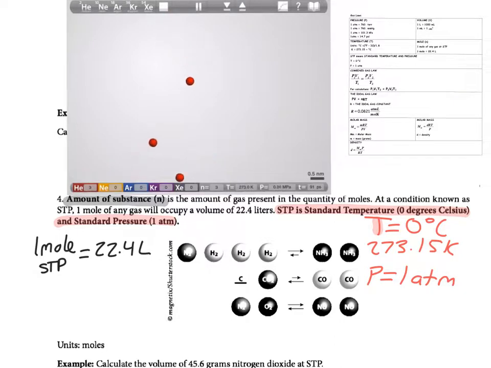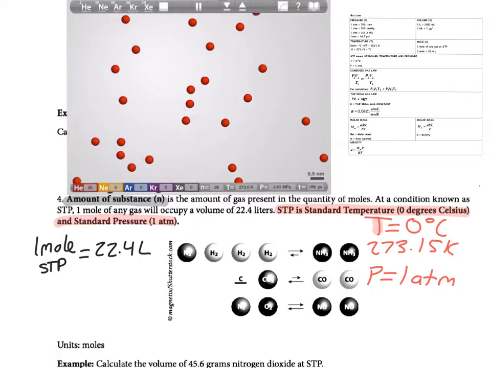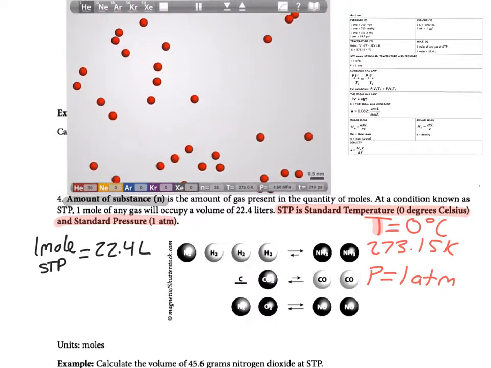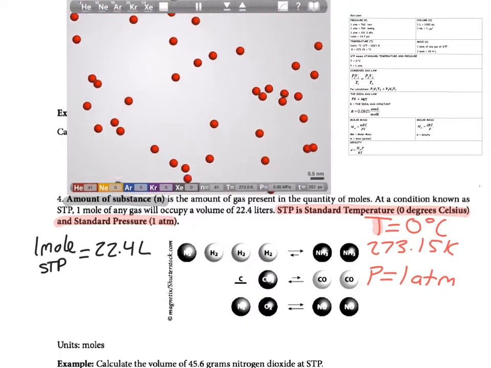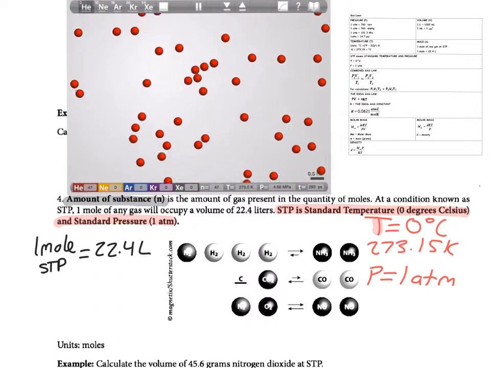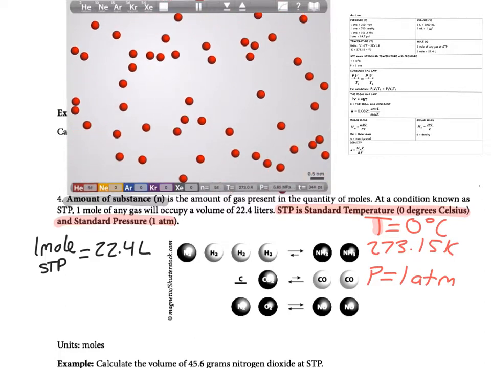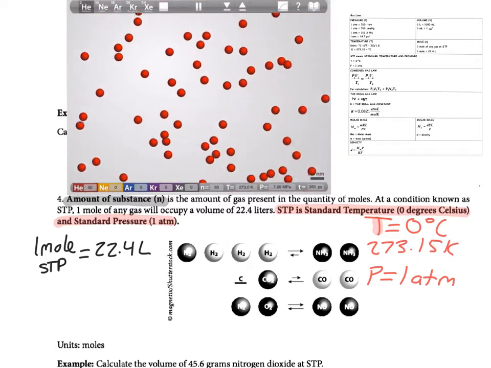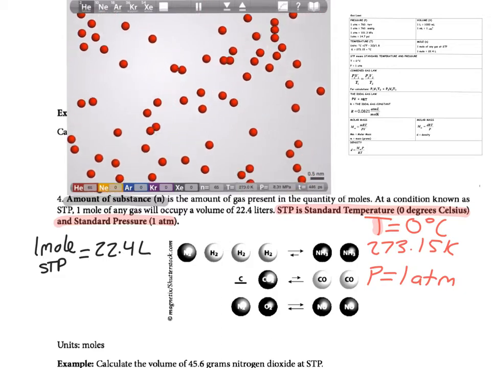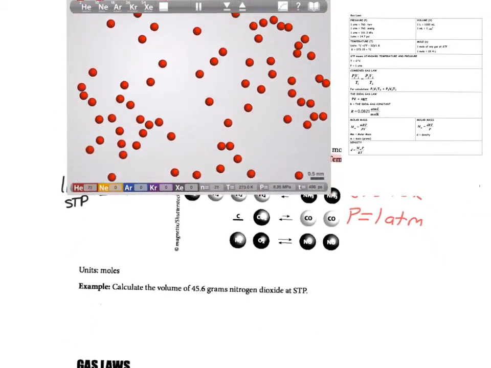I like this relationship because it gives me the ability to measure volume and then know the quantity of moles and then further grams of the gas that I'm working with. So let's look at an example calculation of this.